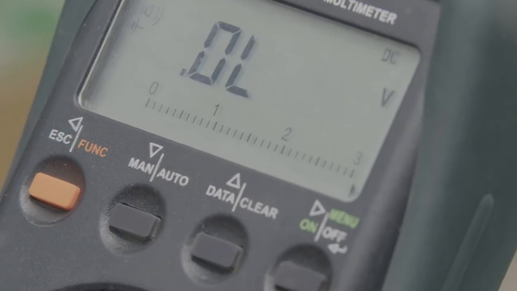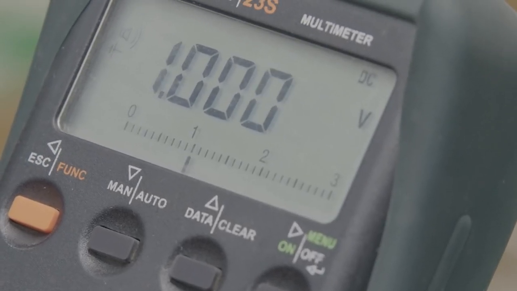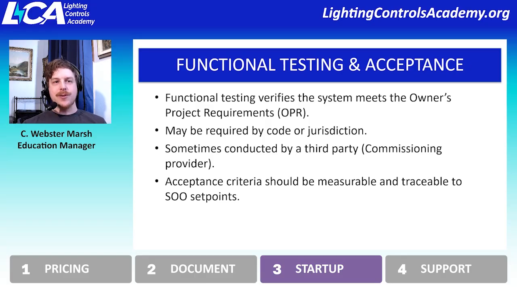And so that's where the sequence of operations set points are really handy, because then the commissioning provider or the third party doing the functional testing can go through the sequence of operations and say, yes, this is the timeout and it meets that timeout requirement. This is the daylight set point and it meets that daylight set point. And so they can really clearly measure and trace whether things are adhering to the specification.